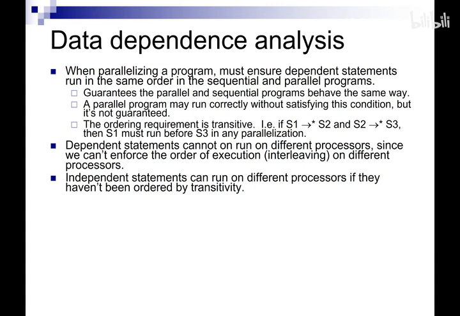Okay, so a consequence of the statement that we have to make sure that dependent statements run in the same order is that if you have dependent statements, you cannot run them on different processors. Because if you have two dependent statements and you run them on different processors, there's no cheap way that we can guarantee they're going to execute in the right order.